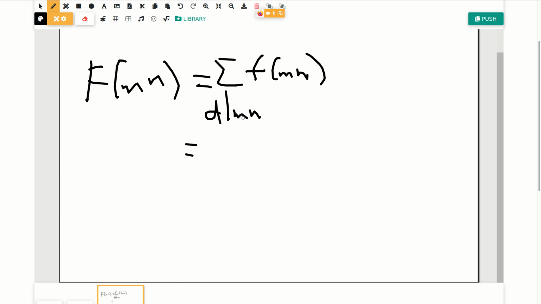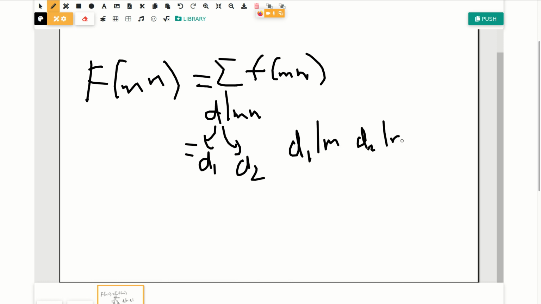We know that m and n are co-prime when considering multiplicative functions. So if d divides mn, then we can split d into two parts, d1 and d2, such that d1 divides m and d2 divides n, and the product of d1 and d2 is equal to d.